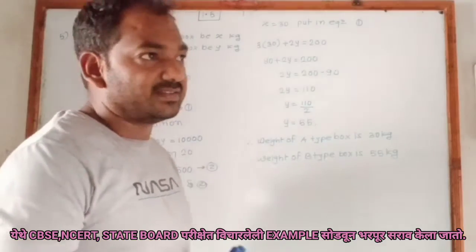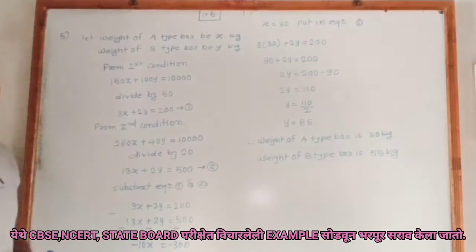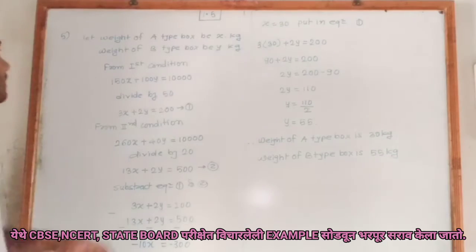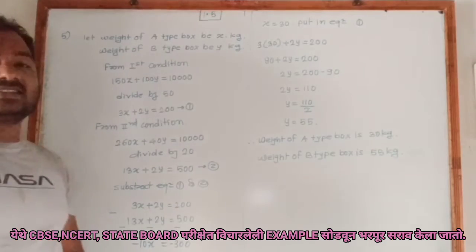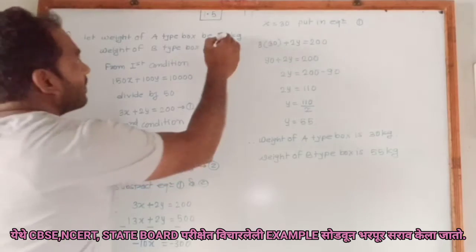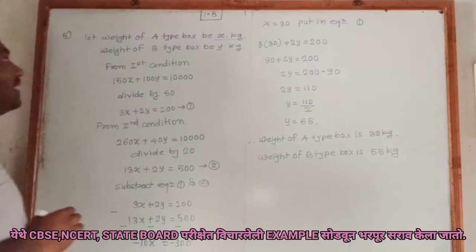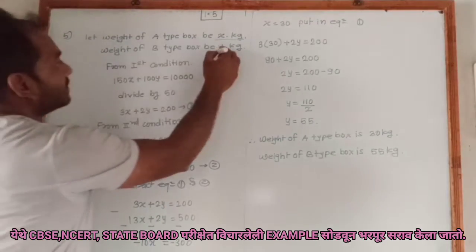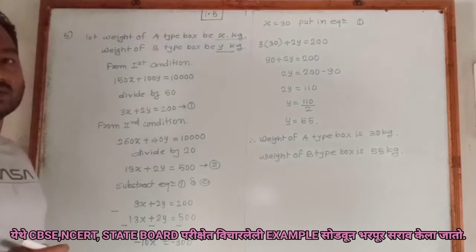I have just read this. In this question, first I consider the weight of A type box is x kilogram and the weight of the B type box is y kilogram.